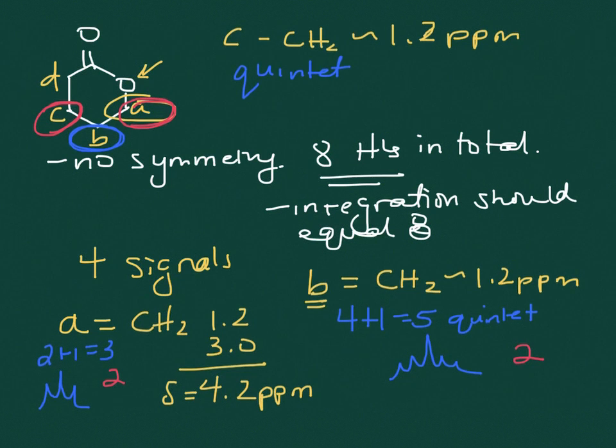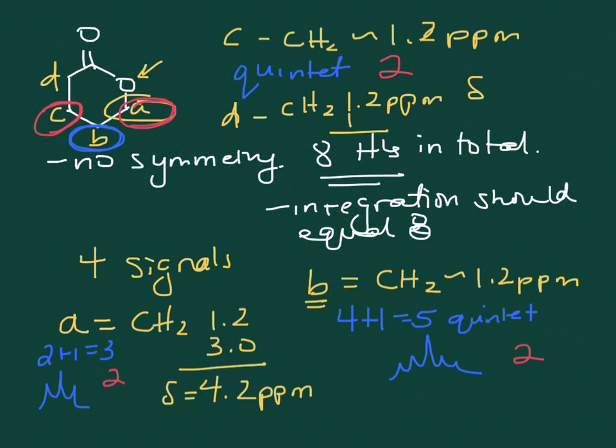So HC will also be split as a quintet and will integrate for 2 hydrogens. Finally, if we come to HD, it's next to a carbonyl, so it's a CH2. It's 1.2 ppm. For the carbonyl, we're going to add 1.